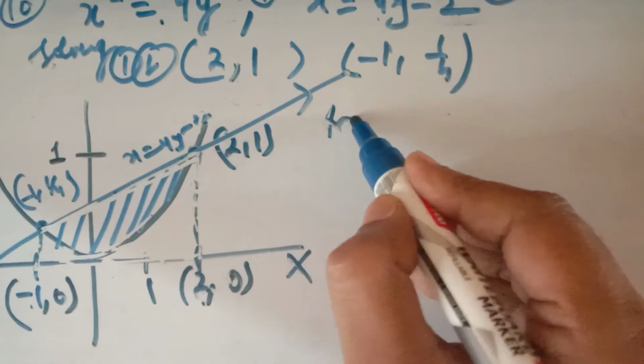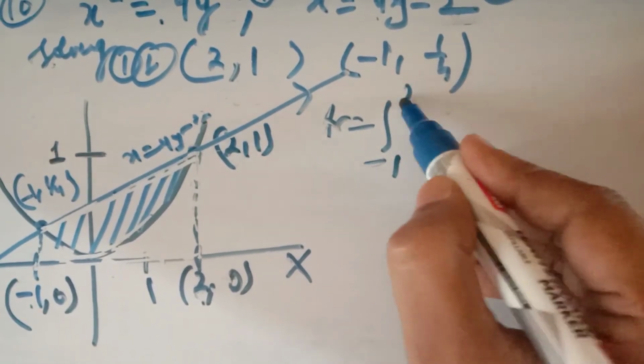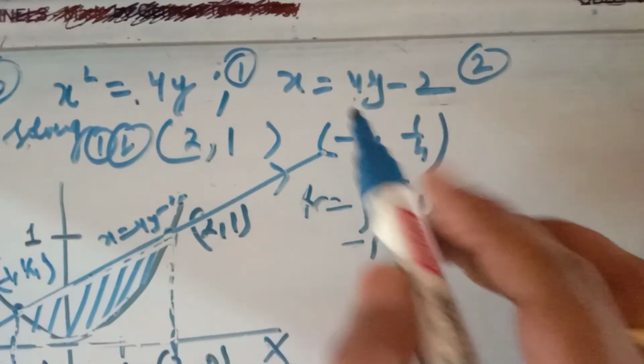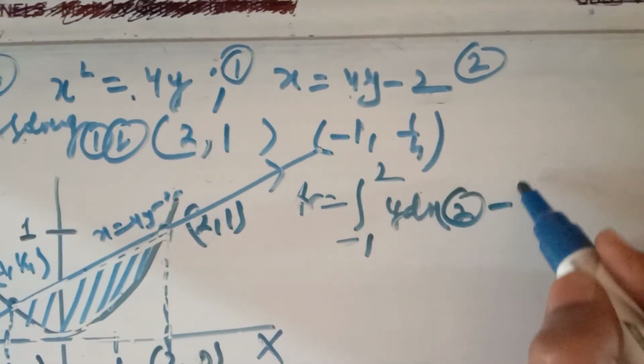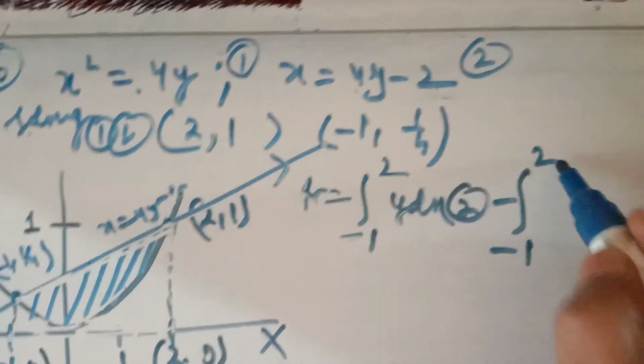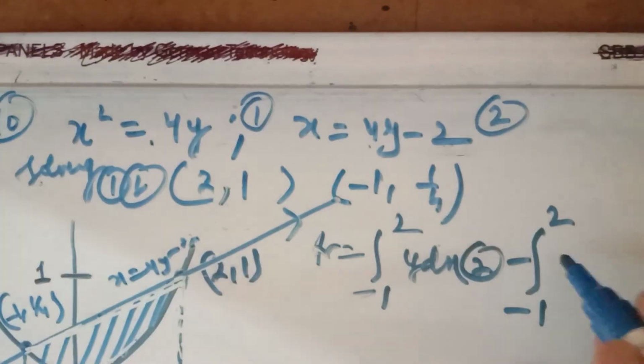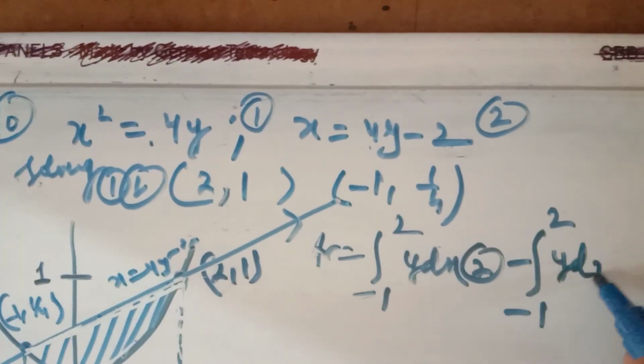So the area will be the integral from −1 to 2 of y dx for the line, minus the integral from −1 to 2 of y dx for the parabola, since the extra area is touching the curve. Simply put in the values of y: the integral from −1 to 2 of (x + 2)/4 minus x²/4, with respect to x.